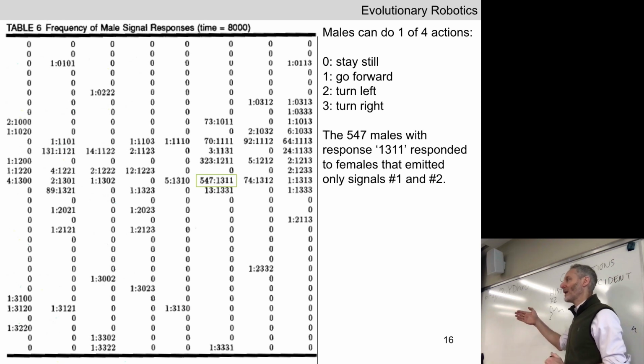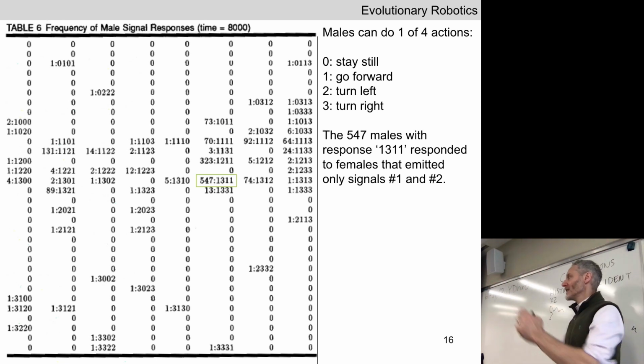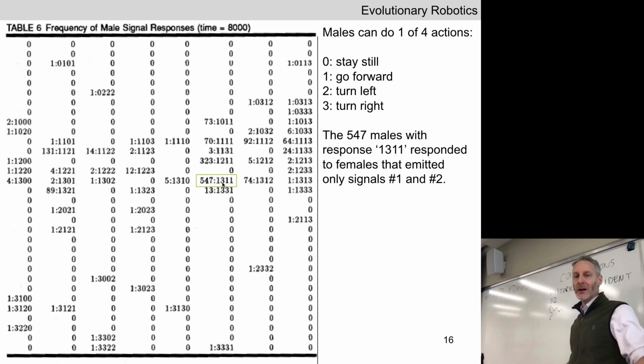The ways in which males respond to female songs has shrunk. I've highlighted the largest grouping here. What's going on among this tribe of 547 males? It looks like they evolved to just always move forward except for one signal where they just turn right.